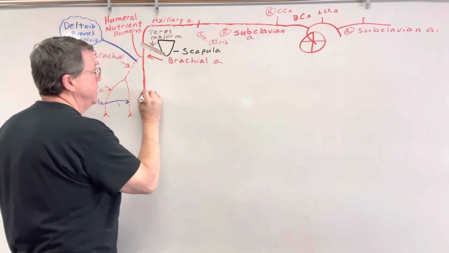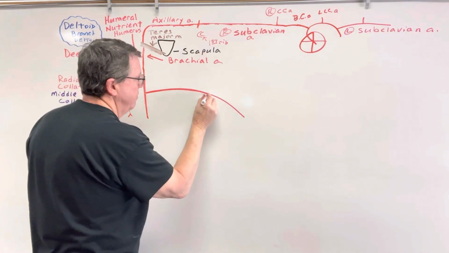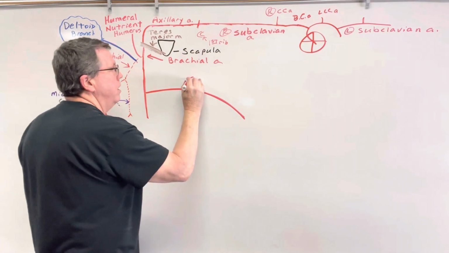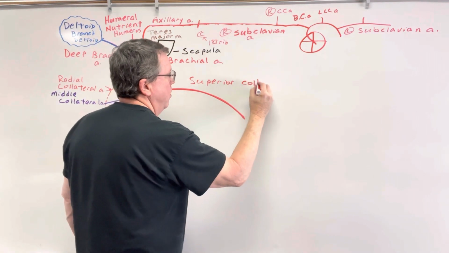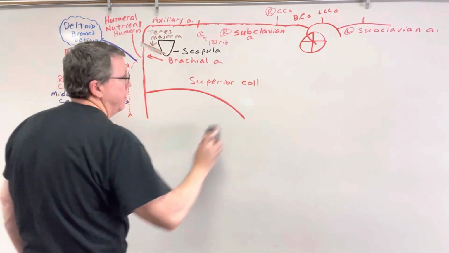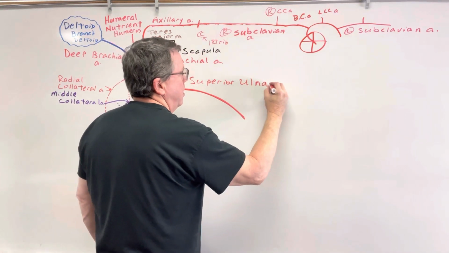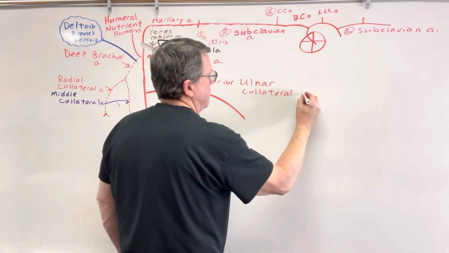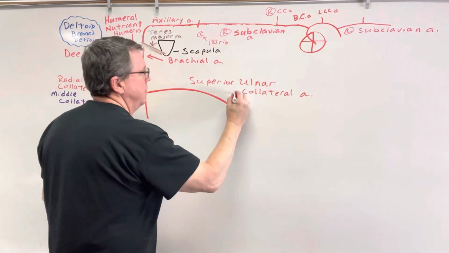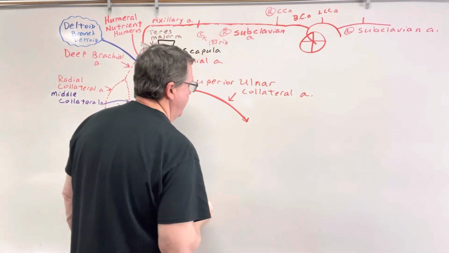My brachial artery's here, and coming off my brachial artery, I am going to have something that is called the superior ulnar collateral artery. Okay, that's going to be my superior ulnar collateral artery.